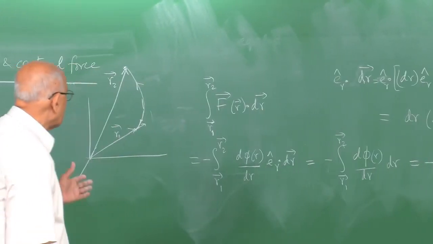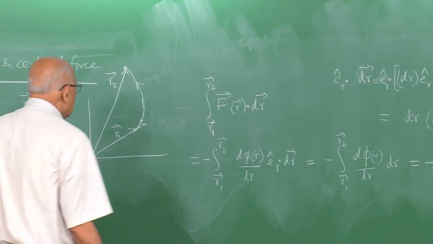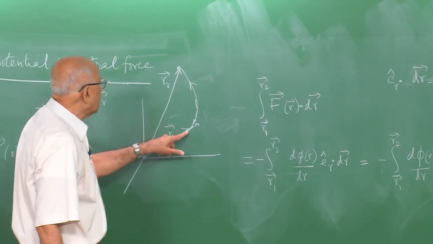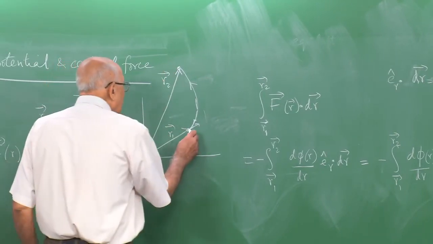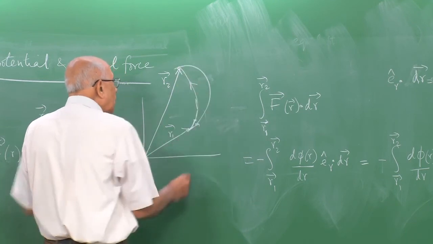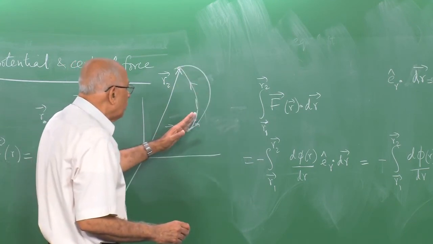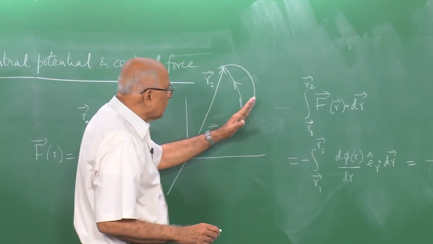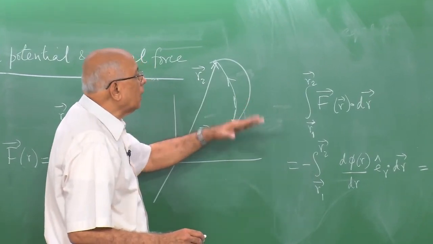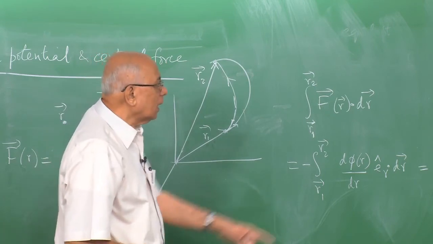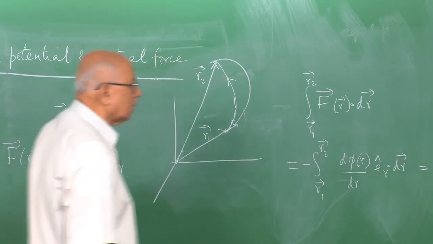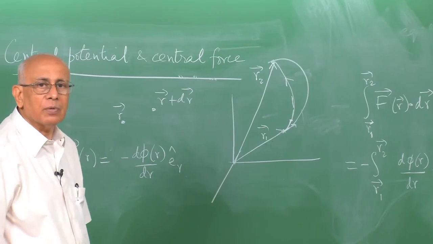And in this case of the central potential, this is a function of only this distance little r1 and the distance r2 here. Therefore, if I took any other path, all that would be relevant would be, in each infinitesimal displacement, what's the component of this force in the radial direction. That's all that's relevant, and it immediately leads to this answer here, phi of r1 minus phi of r2.